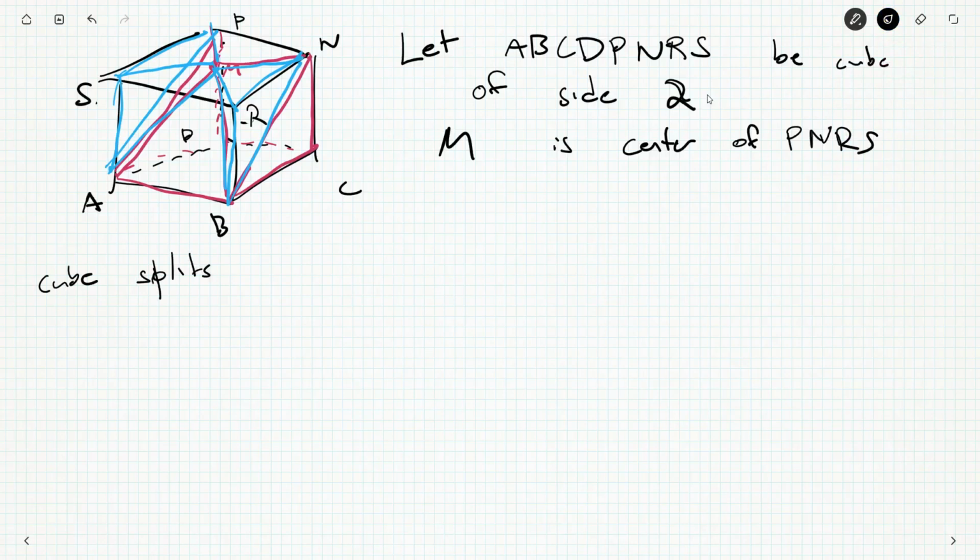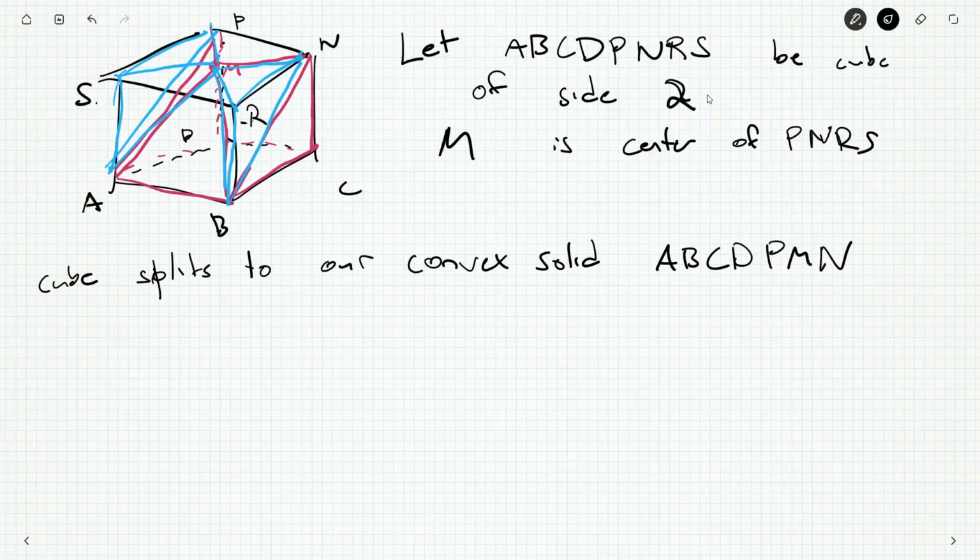The cube splits into our convex solid, is what they called it. A, B, C, D, P, M, N. And we'll write these a little more distinctly.